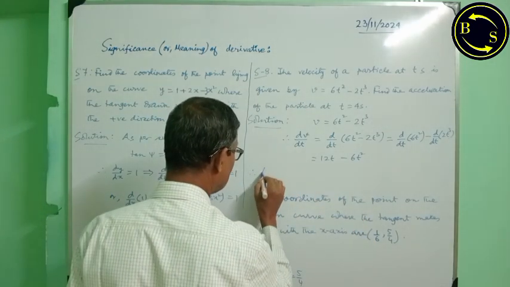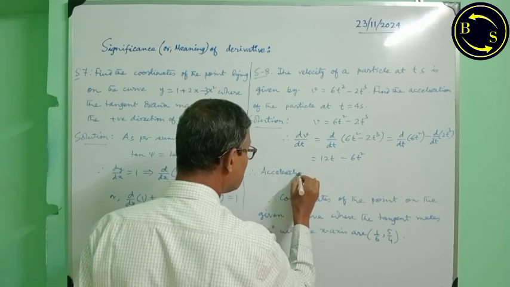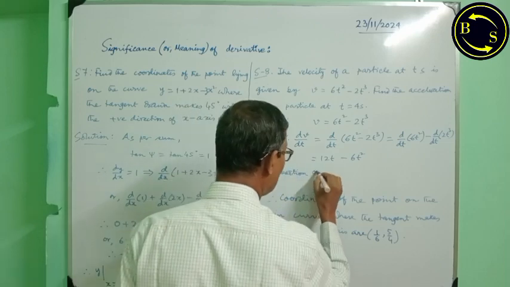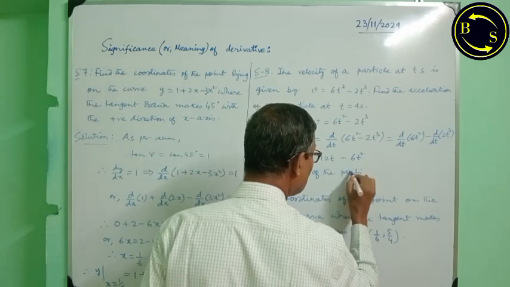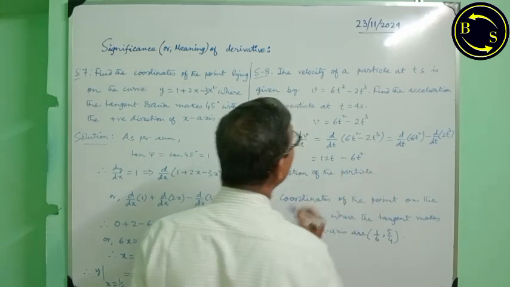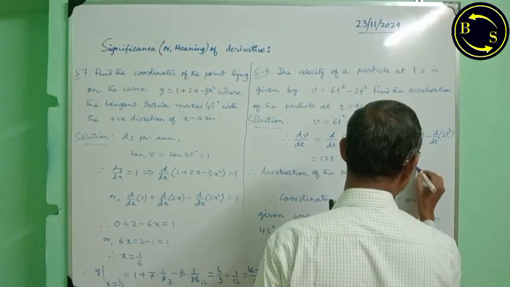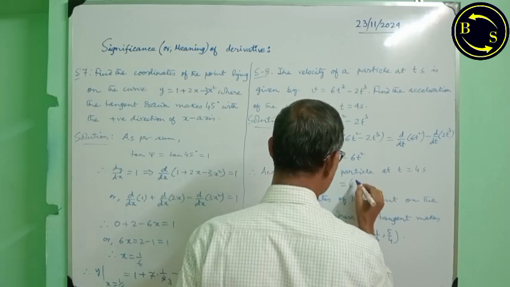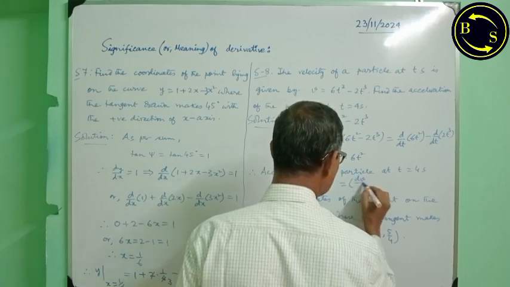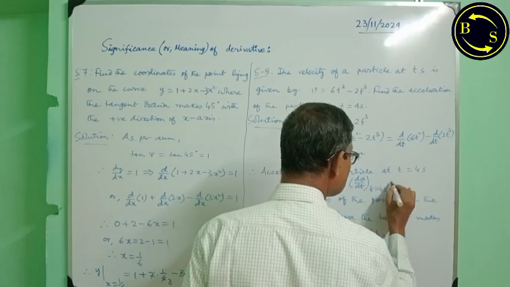Therefore acceleration of the particle at t equal to 4 second is equal to dv dt at t equal to 4s.